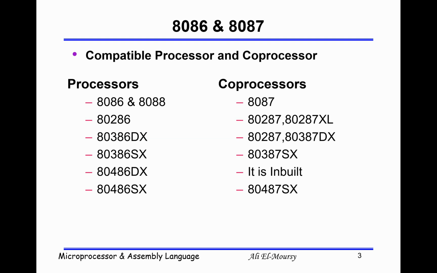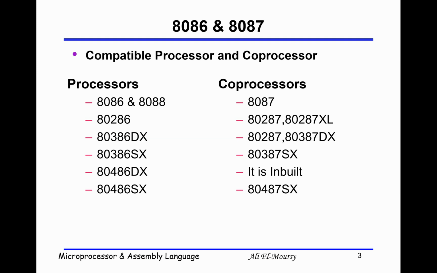With the next generations of the x86 machines or processors, each of them has its corresponding coprocessor. Nowadays there are other names given to those coprocessors, like MMX or the SSE extension.